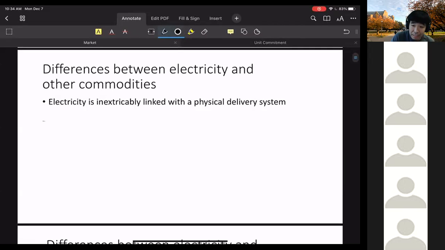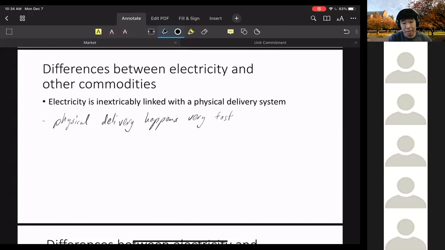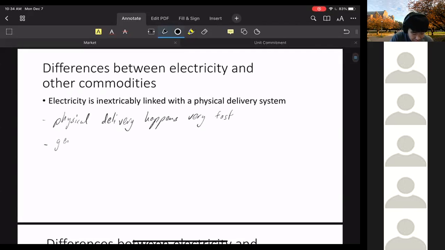And really, what we have is that the physical delivery happens very fast. Anytime there is demand, it has to be satisfied. So the generation must equal the load at all times. Generation must equal load. This is quite interesting.